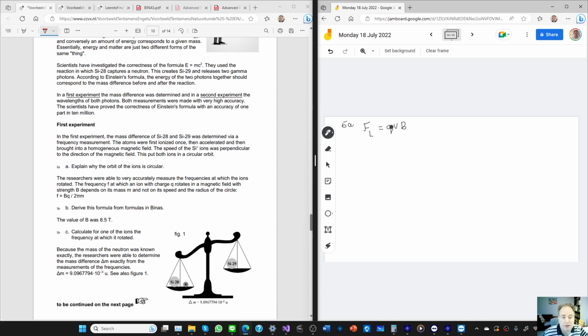Q is the charge, which in this case is positive. Now, so let's draw it. So we have a magnetic field, and let's try to draw it in a way that the magnetic field goes into the paper, and let's indicate this by a circle with a cross. So something like this.